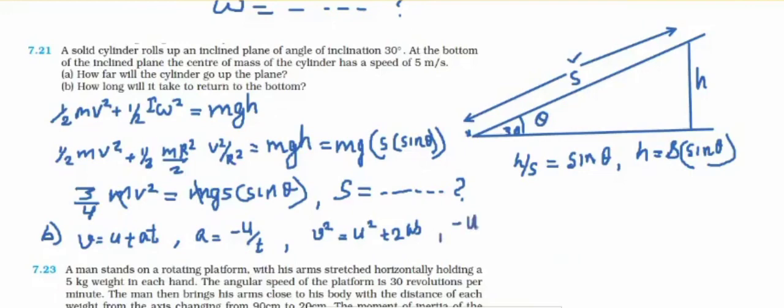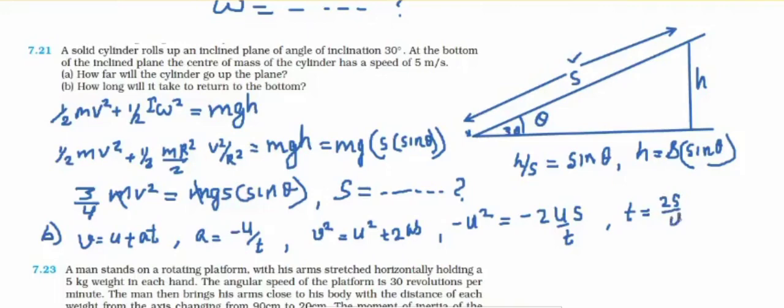Therefore, we can rearrange. Minus u square is equal to the value of a we can substitute there, so minus 2u by t into s. Now one u will be cancelled, the negative sign also will be cancelled, so that t is equal to 2s by u.